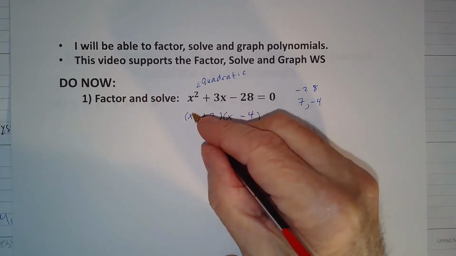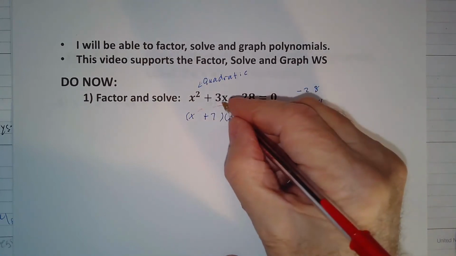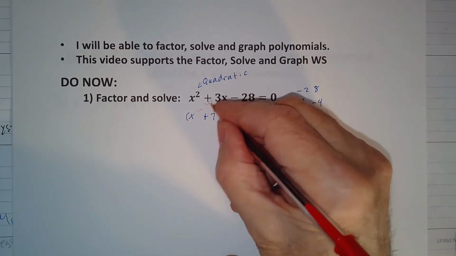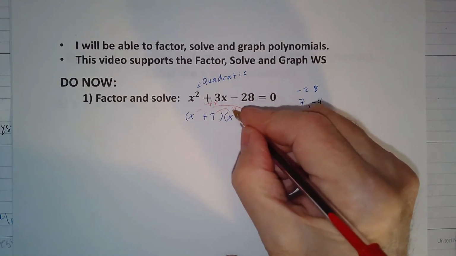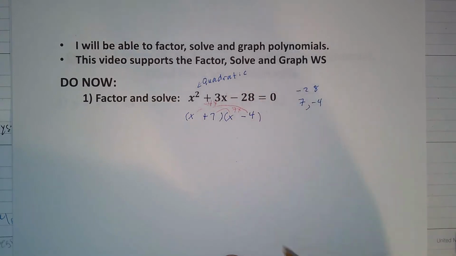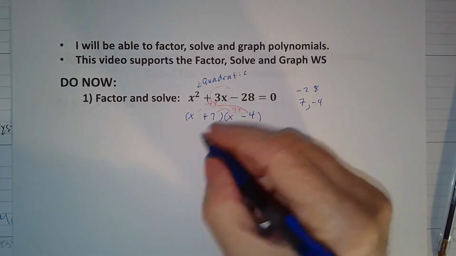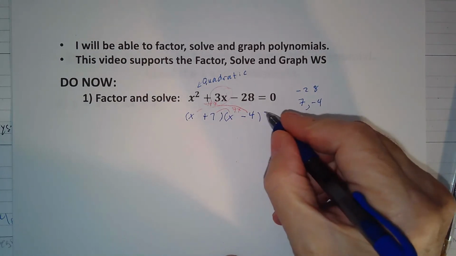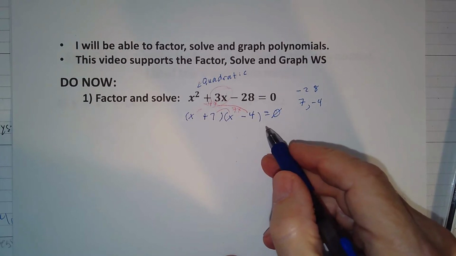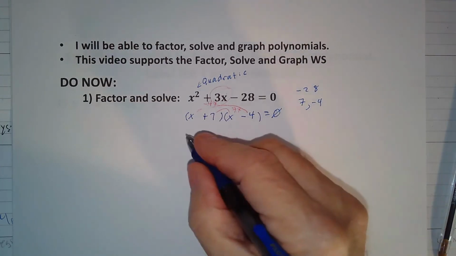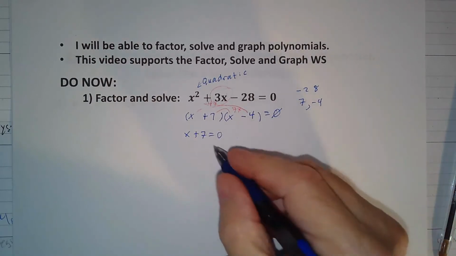So going back through and double checking this, you can do the old rainbow method. You have x times negative 4, that's negative 4x, and you have positive 7x here, and 7x minus 4x is 3x, so obviously that works. So you're going to then break this into, and this equals 0, two equations, x plus 7 equals 0, and then we'll do the other one.